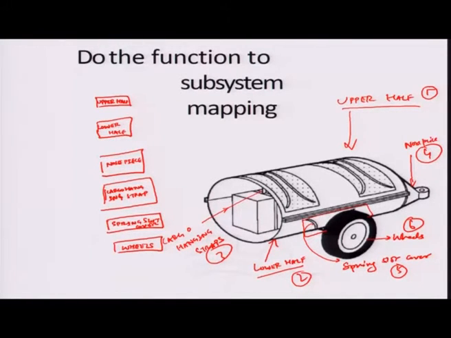So, if I looked at the different functionalities that all these subsystems would have to offer, the basic functionalities in this design could be something like, let us say, protection of the cargo from weather. Okay.